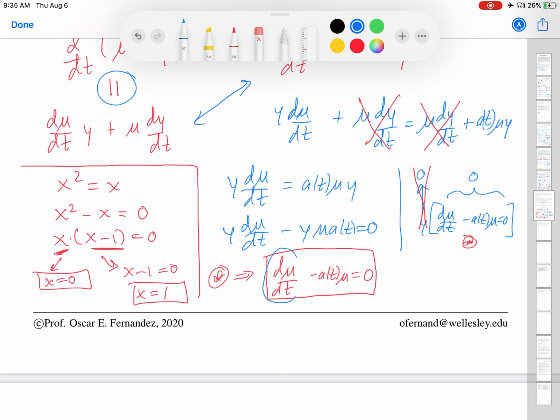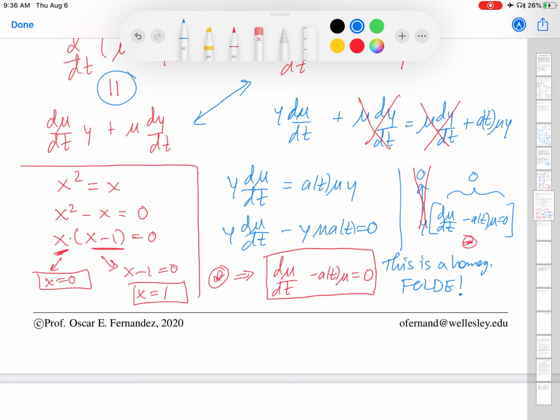This is a first order ODE. And here mu appears linearly, no mu squares, no sine mu's, none of that. It's being multiplied by something that looks like our a of t function, except it has a negative sign here. And then the right-hand side is 0, which is definitely a function of t. So long story short, what I'm trying to point out with all of this is that this is a homogeneous fold.